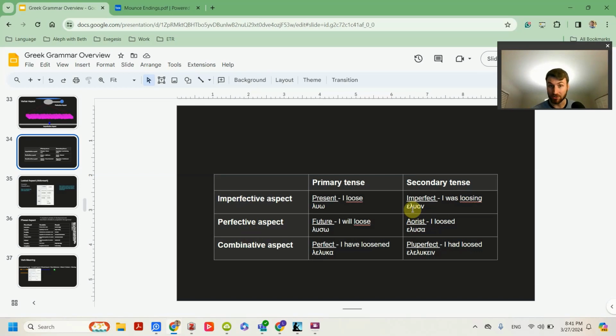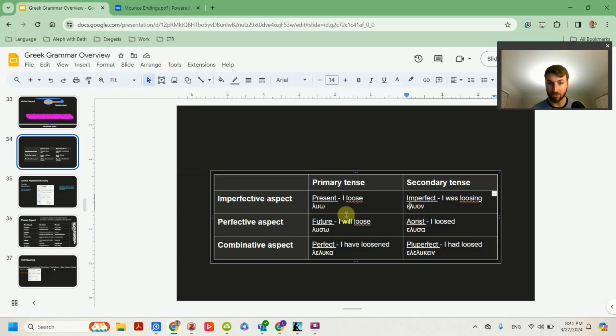And one thing to note is this epsilon at the beginning. Notice how there's no epsilon in these forms, but there is an epsilon in all three of the secondary tense forms. And so the epsilon is like the "ed" in English. So, "jump" would be the present tense, and "jumped" would be the past tense.